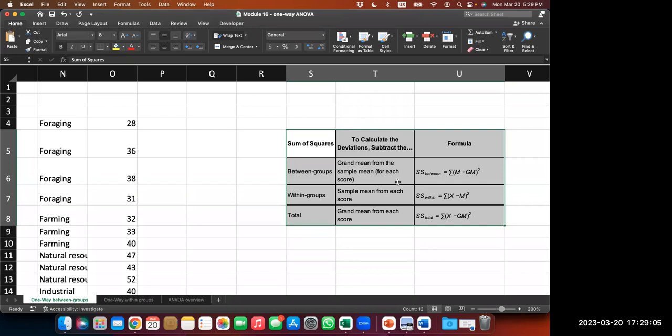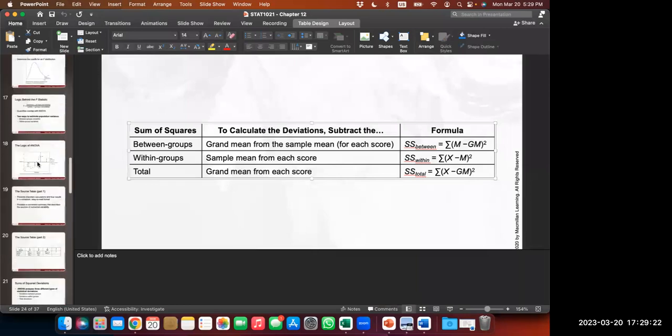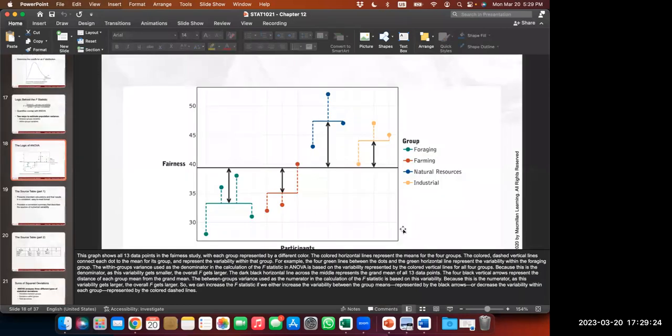You have a sum of squares within, which is clear, right? We have the deviation of the individual score from our group mean. This is exactly this depiction. The grand mean is basically this, and these are the group means.